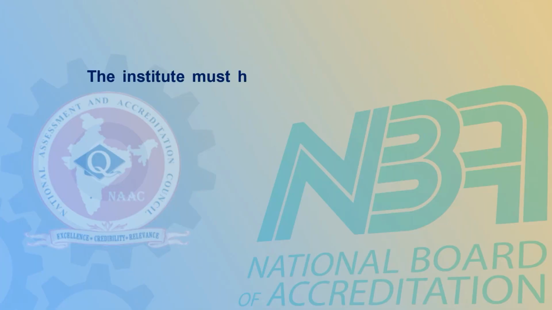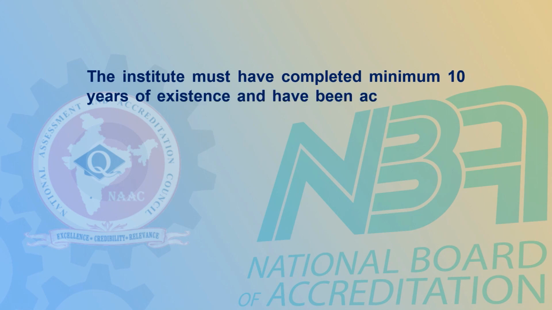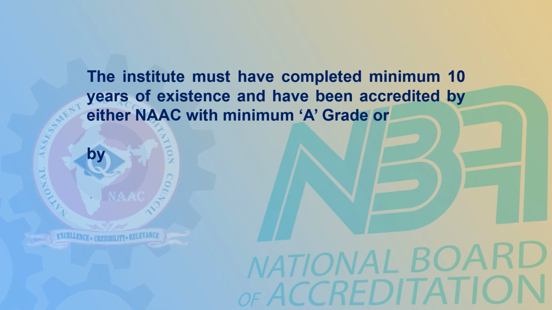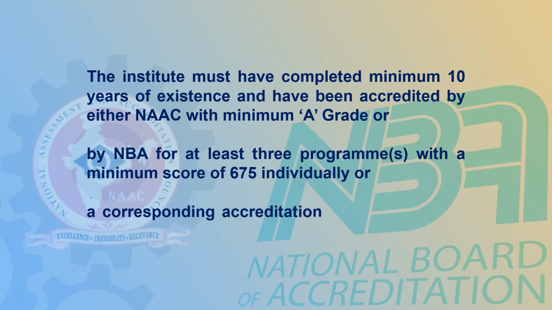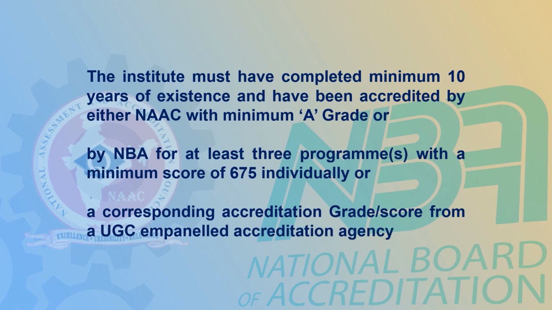The institute must have completed minimum 10 years of existence and have been accredited by either NAAC with minimum A grade or by NBA for at least 3 programs with a minimum score of 675 individually, or its corresponding accreditation grade or score from a UGC empaneled accreditation agency.